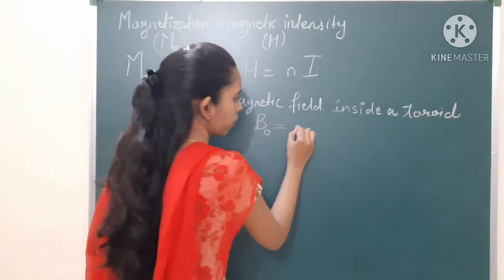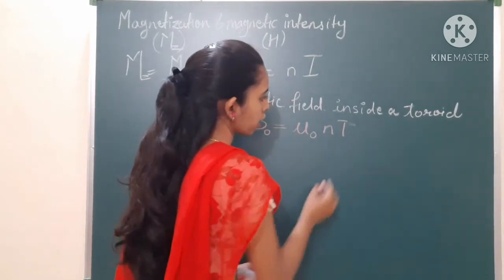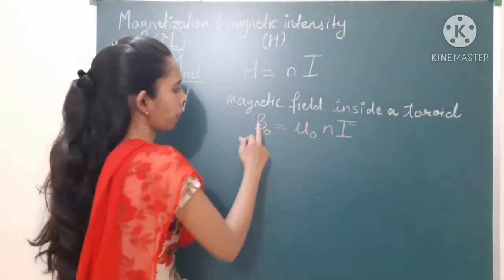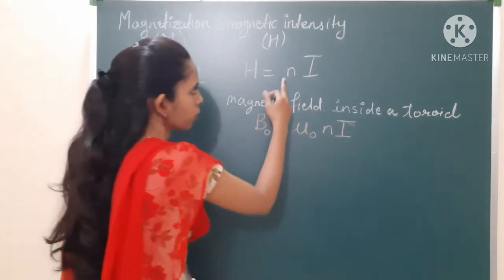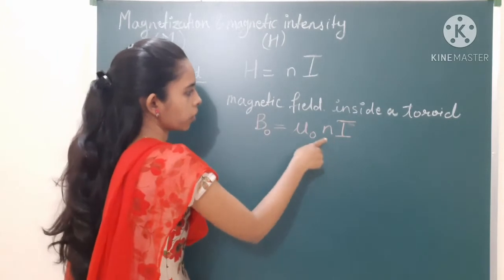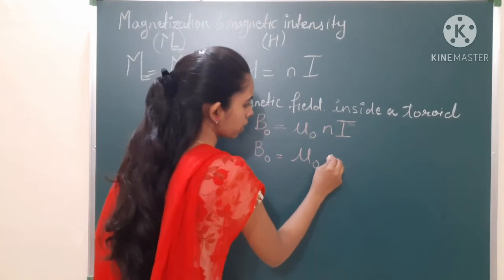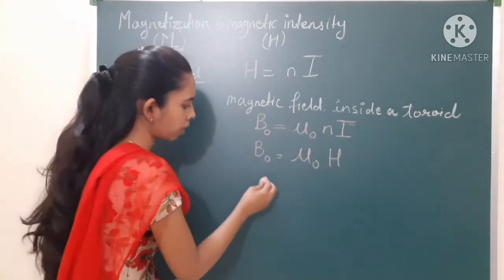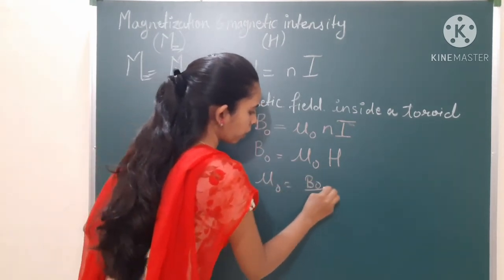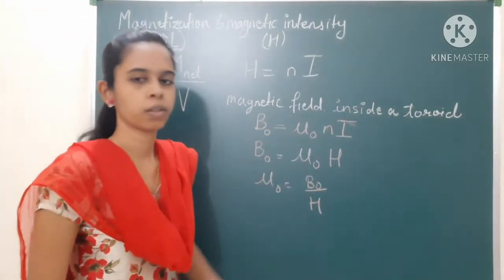So B naught is equal to mu naught nI, where n is the number of turns on that toroid and I is the current flowing through it. From this equation, using the magnetic intensity H equal to nI, we can substitute, so B naught is equal to mu naught H. In other form, you can write mu naught is equal to B naught upon H. So this is the magnetic field inside a toroid.